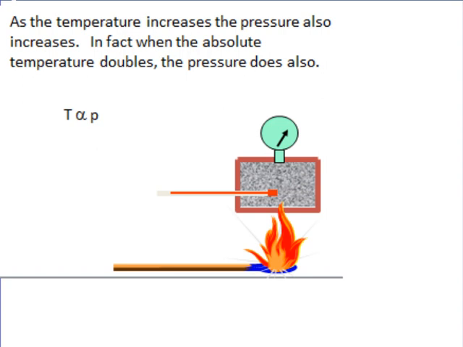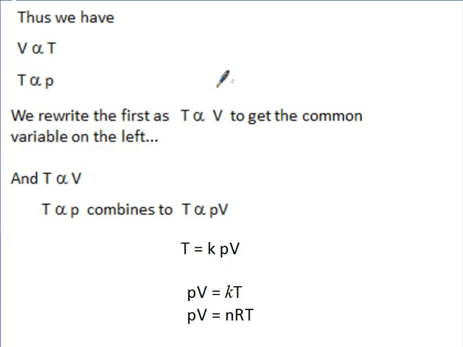So, what we then have are the relationship between volume and temperature and pressure and temperature, but that T is on the wrong side. So I use the reflexive property to rewrite it so that the common variable is on the left for both of these, and then that common variable is proportional to the product of the two on the right.